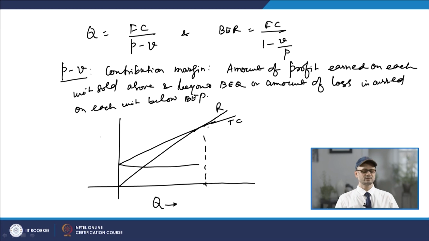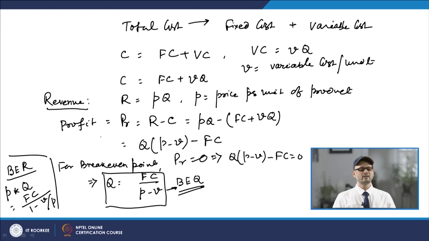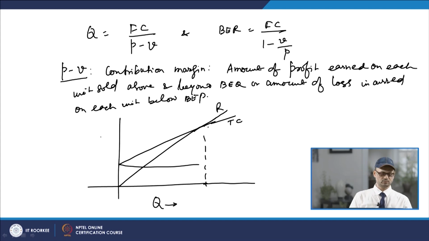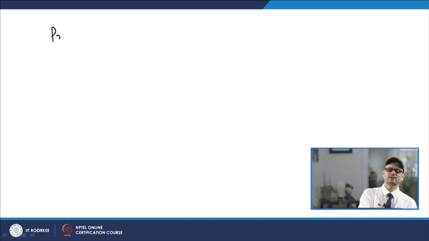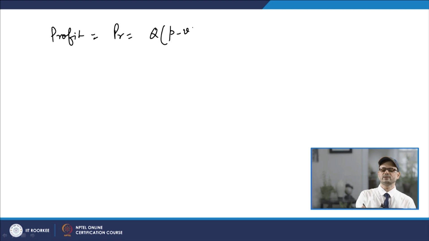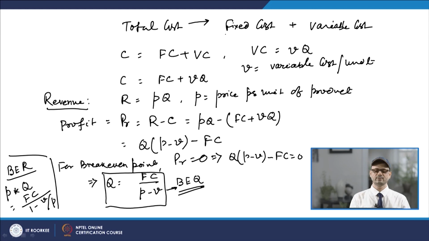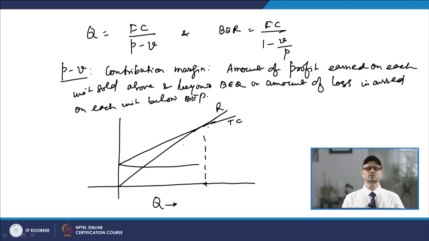Now, you can see that what we have seen, the profit line is Q into P minus V minus FC. So, the profit PR is Q into P minus V minus FC. That is what we have calculated, Q into P minus V minus fixed cost.